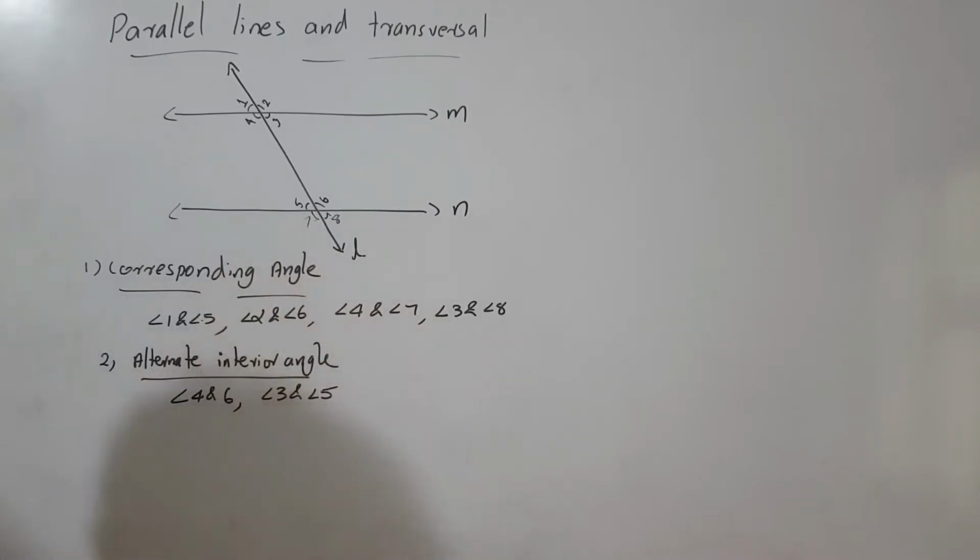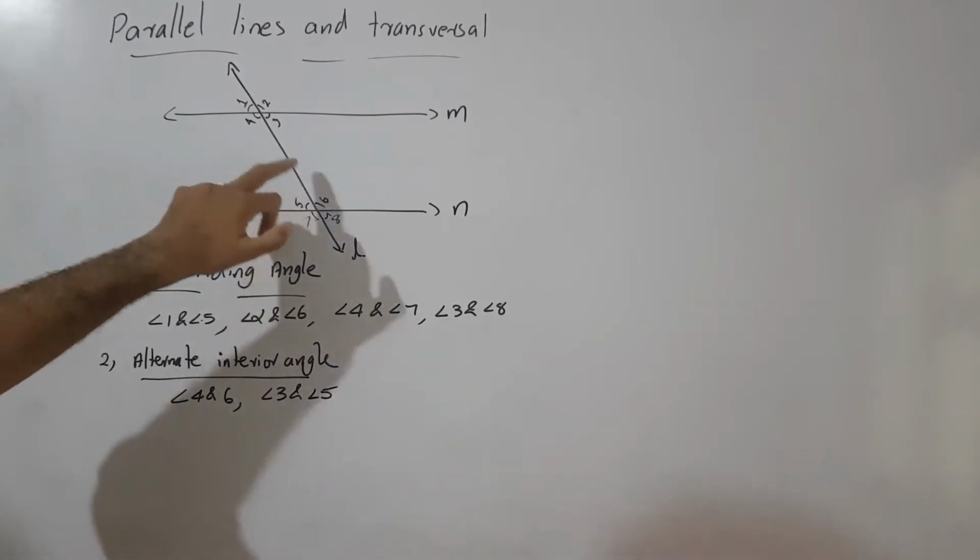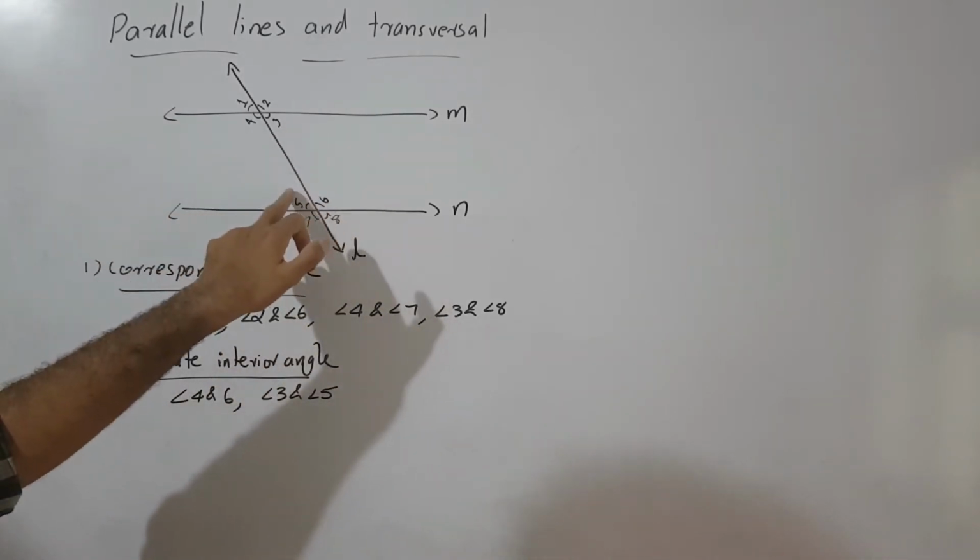These two pairs are called alternate interior angles.